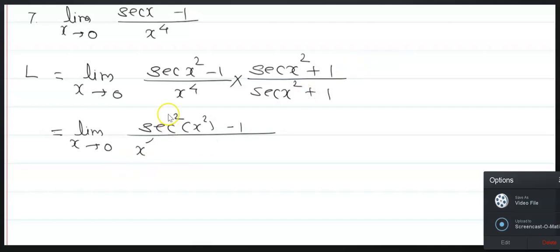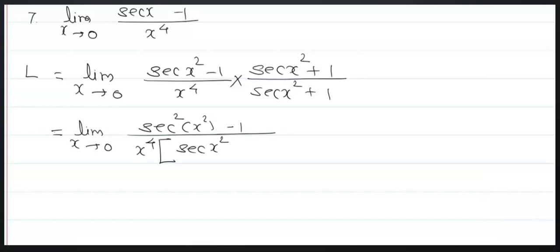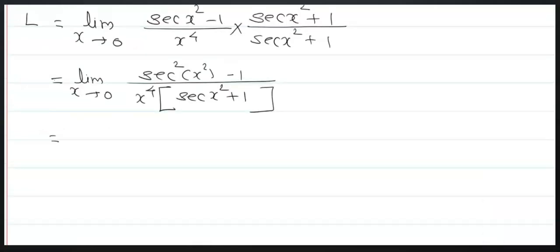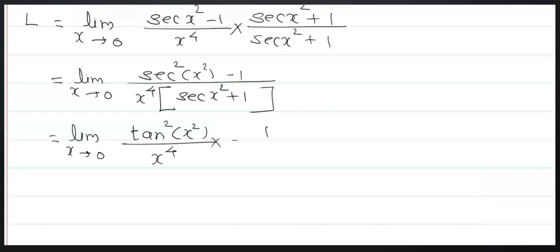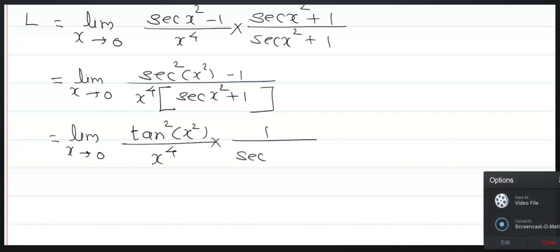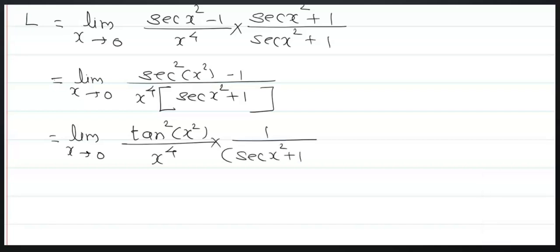Then you will get sec² of x² minus 1 upon x raised to 4 into (sec x² plus 1). And that is nothing but the limit x tends to 0 of tan² x² upon x raised to 4 into 1 upon (sec x² plus 1).